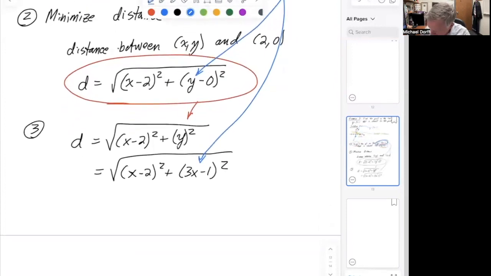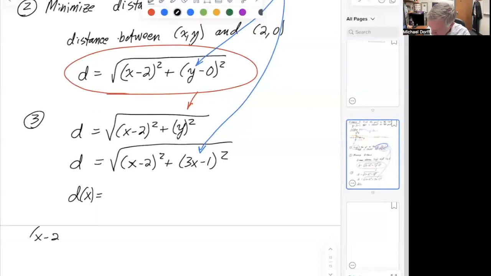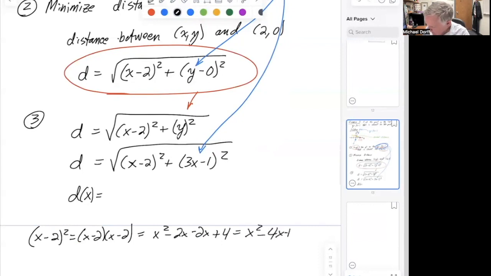Okay, now I can work on this a little bit. So my function is going to be d of x, because x is my variable. I can square this, so let's just remember x minus 2 quantity squared means x minus 2 times x minus 2. So if I FOIL that out, I get x squared minus 2x minus 2x plus 4. So I get x squared minus 4x plus 4.